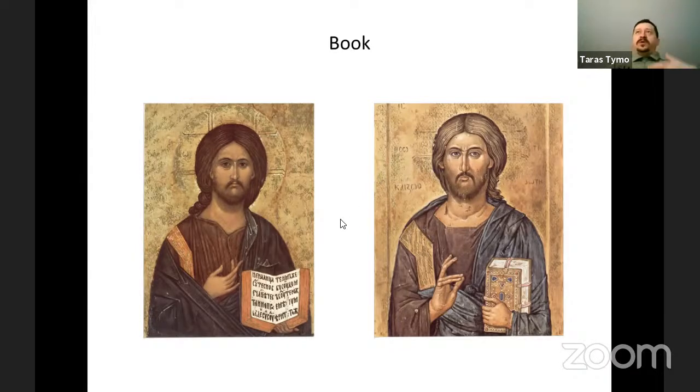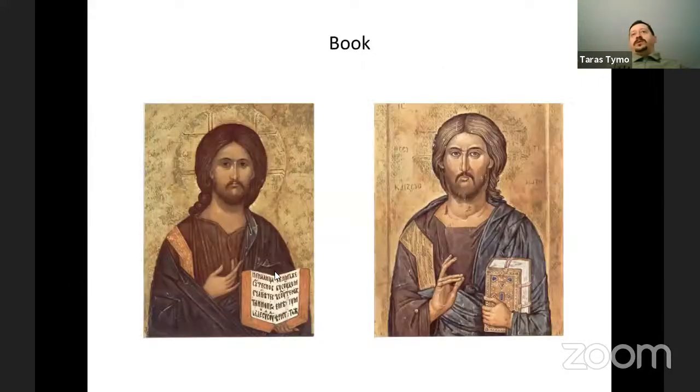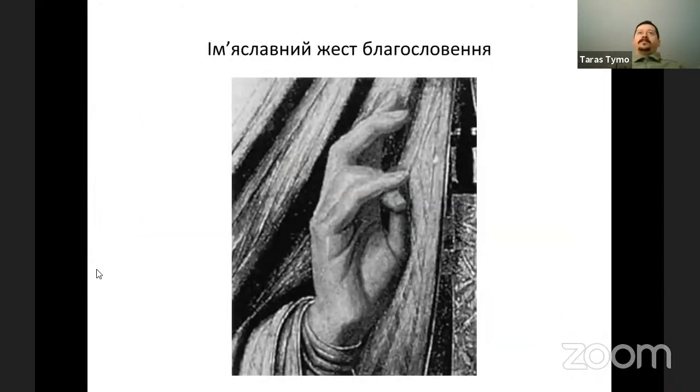So Jesus could be assigned different metaphors, different titles. The giver of life sometimes. So the gestures in icons can be very different. Sometimes they are pointing to the book. Sometimes they are blessing addressed to the beholders of the icon.